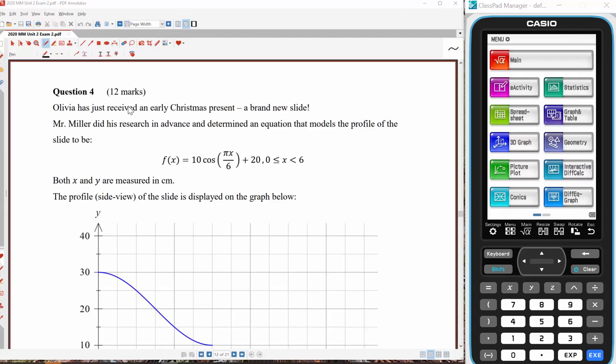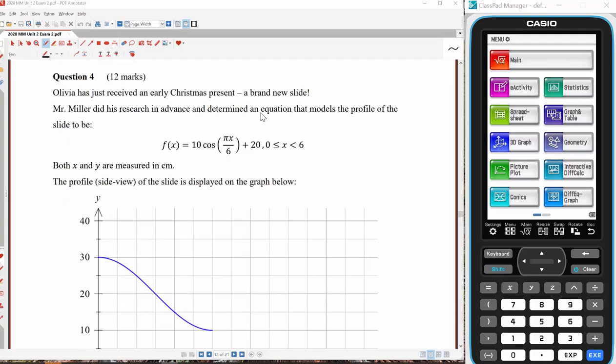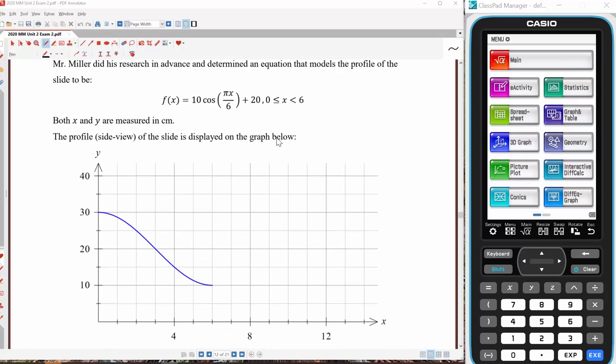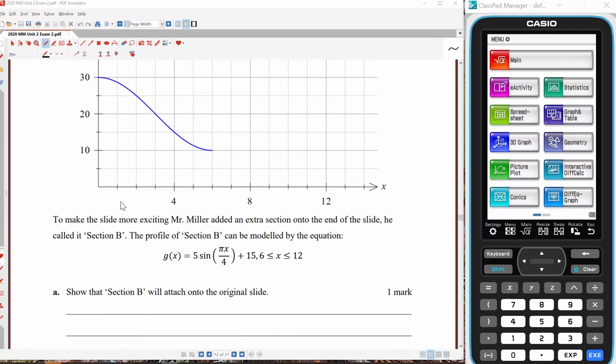Okay, and on to the last problem. Question 4: Olivia has just received an early Christmas present, a brand new slide. Mr. Miller did his research in advance and determined an equation that models the profile of the slide to be this. This equation represents this, x and y are centimeters. To make the slide more exciting, he adds an extra section onto the end of the slide. He called it section B, and it's modeled by this equation. Show that section B will attach.